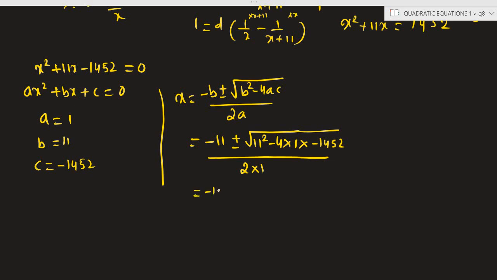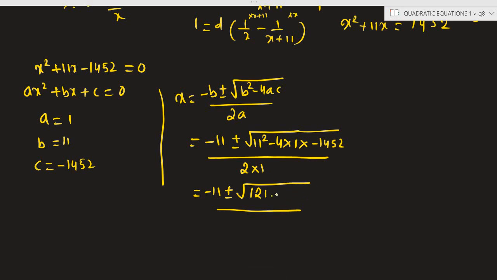That is equal to minus 11 plus or minus root 11 square is 121, and minus into minus is plus.